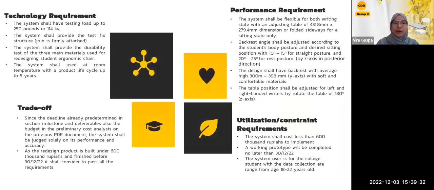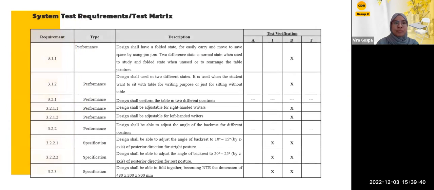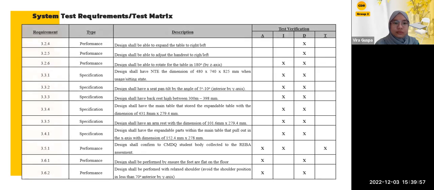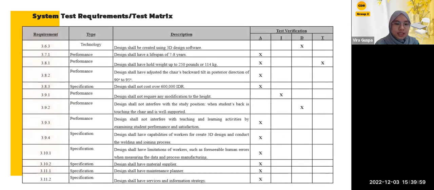This is the technology requirement, the startup performance requirement, and also the utilization or constraint requirement. So this is the system test requirement and also test verification. Same as the previous slide, this table is also the same as the previous document, the PDR, but we adjusted and revised some parts, as you can see on the screen.